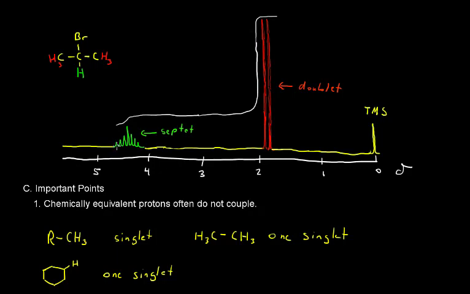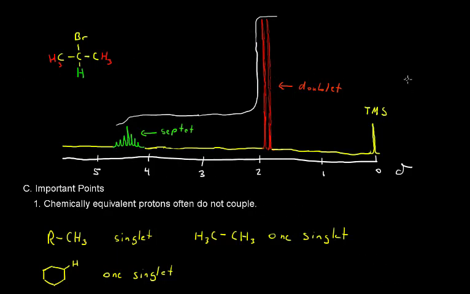Sometimes these things are hard to see and sometimes they don't show up at all. Sometimes with multiplets, these peaks will begin to overlap, so you might not actually see a septet here. You might see fewer peaks than you would expect based on the n+1 rule. If these two methyl groups had been in different chemical environments, you can get more complicated splitting here. So again, often anything beyond a quartet I simply refer to as a multiplet.